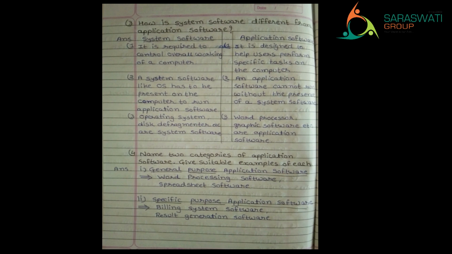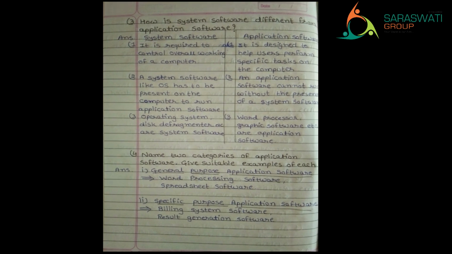If you will open page number 7 of your textbook, you will see that there is one table, right, which says difference between system and application software, right? So that we have understood, and from that only I have written the answer over here, right? So I told you that I am writing many of the answers directly from the textbook. These kind of answers I am writing from it. Okay? So that we have understood. Done. Now moving further to question number 4.